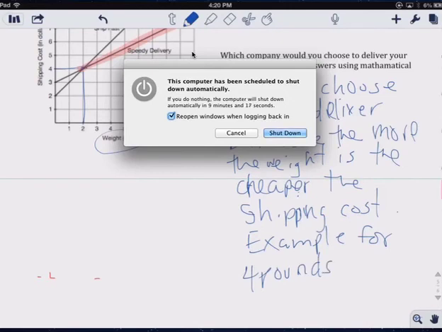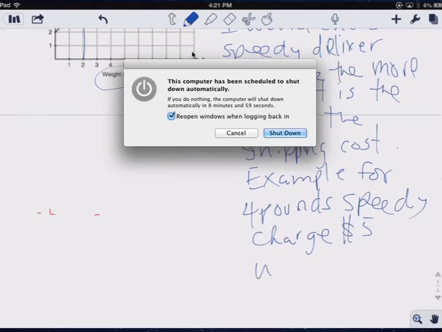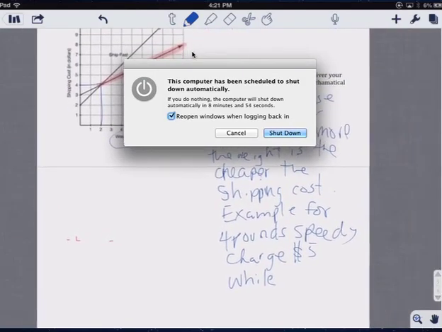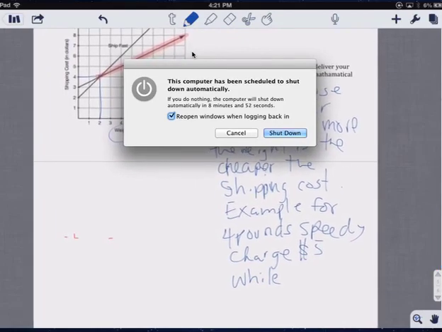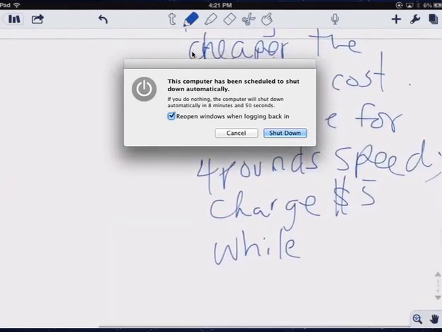Speedy charges $5, while Ship Fast charges $6.